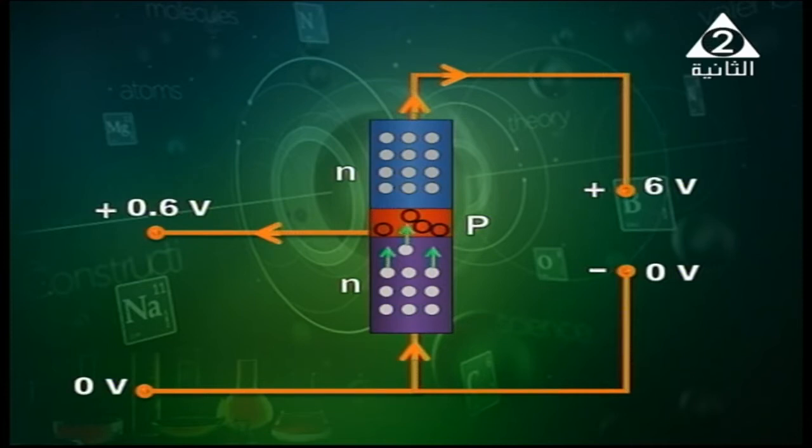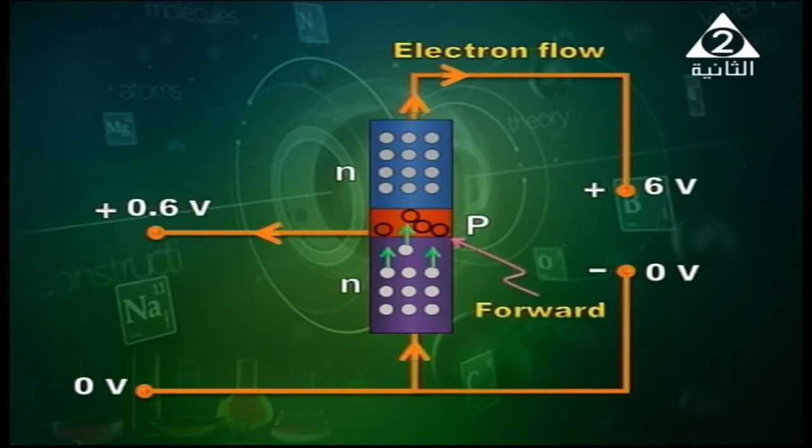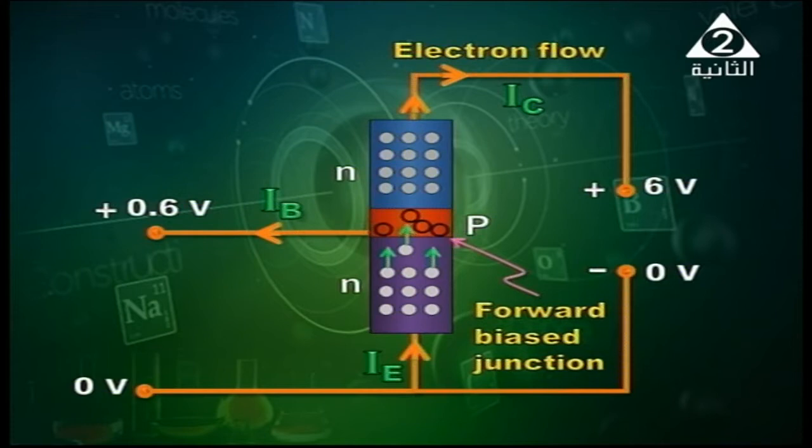Some electrons from the emitter recombine with the holes found in the base. In this case, the junction between emitter and base is forward biased. And let me remind you: emitter current is always equal to base current plus collector current.